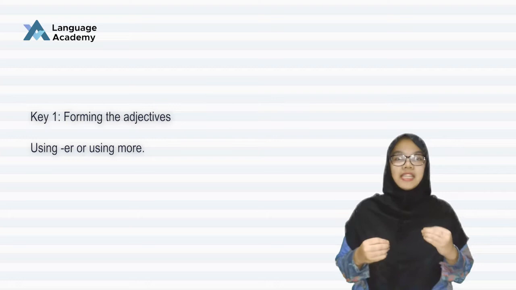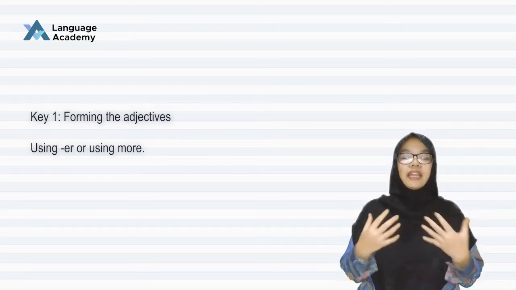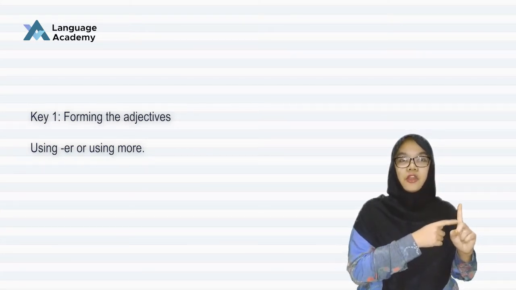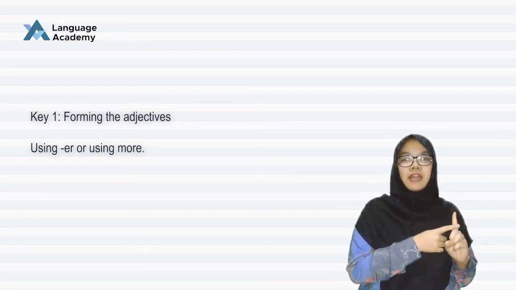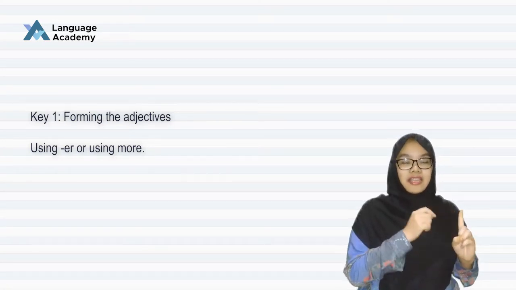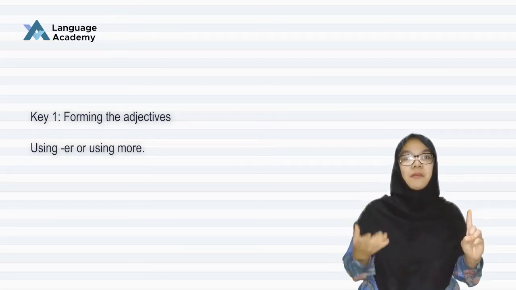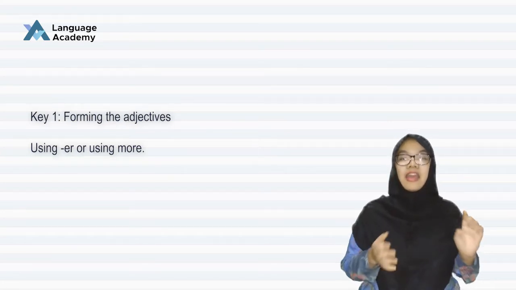Nah, kalau misalnya teman-teman pernah belajar, comparative degree itu terdapat dua cara untuk membentuk adjective. First, either you put the suffix er behind the word, antara teman-teman menaruh akhiran er di belakang kata tersebut, like old becomes older, tall becomes taller, like that.